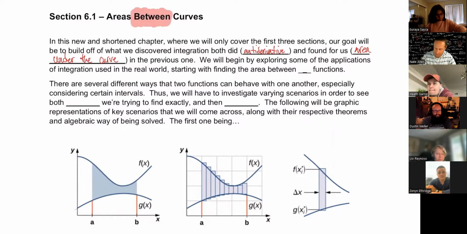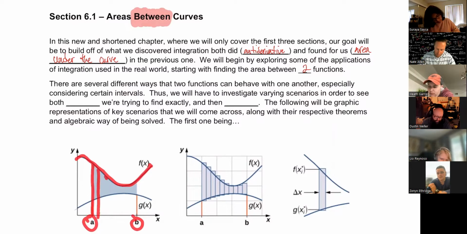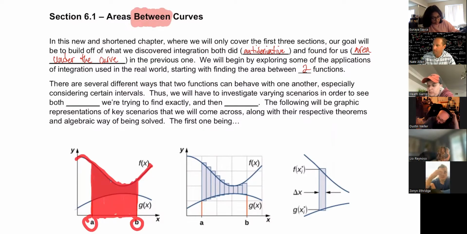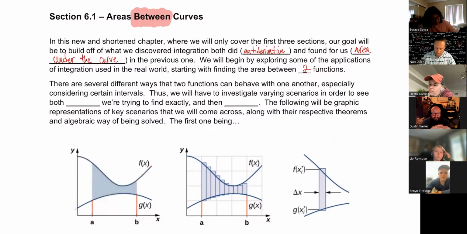So as Dustin mentioned, when we take these 2 functions, we're going to always take the upper function, call it f of x, if you will. And if from A to B, I found all of those rectangles, those Riemann sum limit integration process, that I cut it up so many times, you didn't see any gaps. Is that what I want now? Do I want from A to B all of this area under the curve?